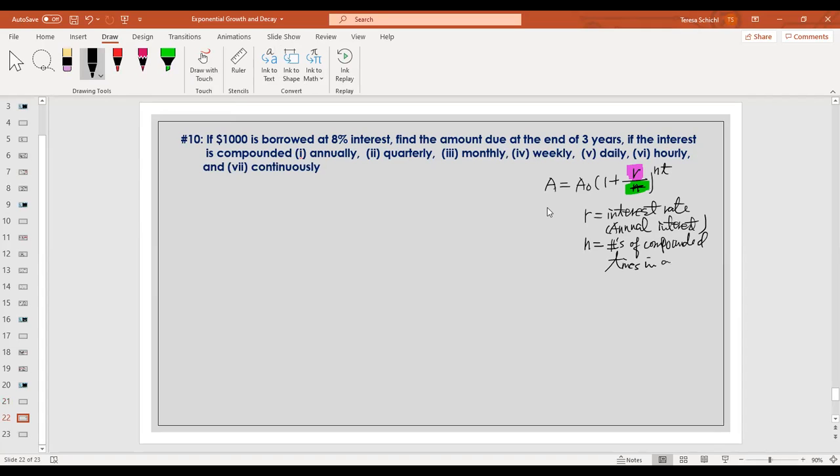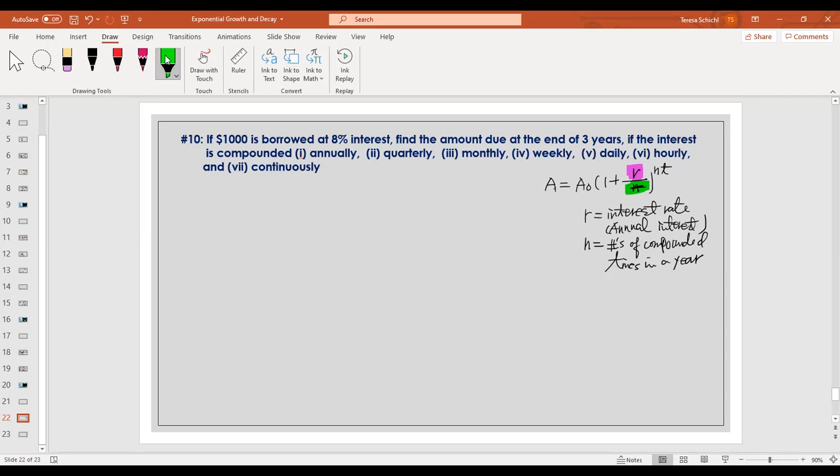If you don't remember the number of compounding times, you can go back to our lecture series and review exponential growth and decay, where we talked about the number of compoundings. If you say compounding quarterly, that means every year you compound 4 times.